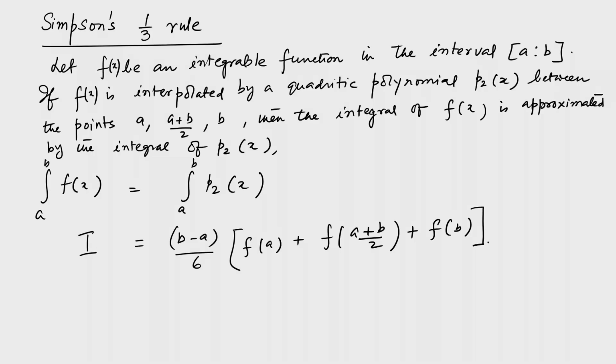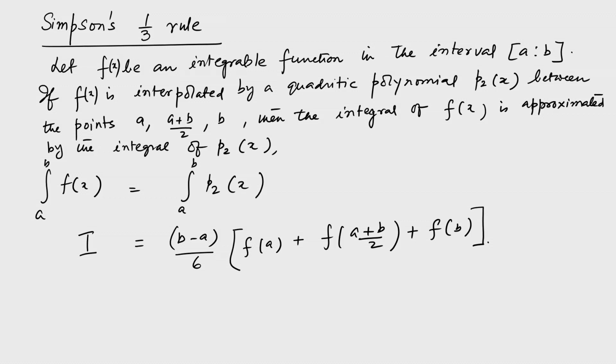We will try to address some of these issues in the tutorials, but let us at this moment keep the derivation only with the Newton's interpolation polynomial as we have done. But as I said, the Lagrange's interpolation or any other interpolation scheme would have given the same result as it is written here. So, the I is equal to this. This is known as Simpson's one-third rule.